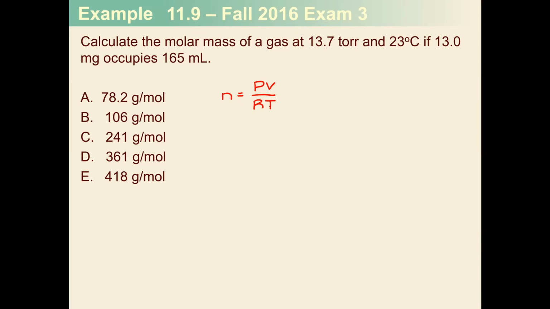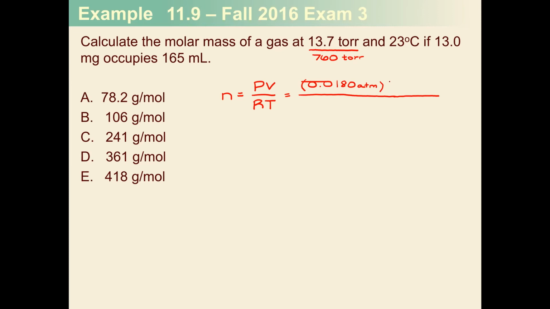So let's look for our pressure. Notice that my torr is not atmospheres. So what I want to do is divide this by 760 to get my atmospheres. If I do that, I will get a pressure of 0.0180 atmospheres.